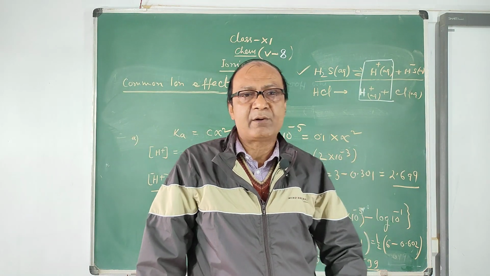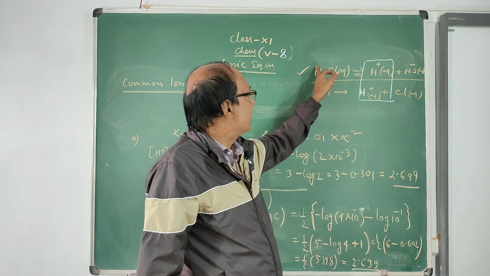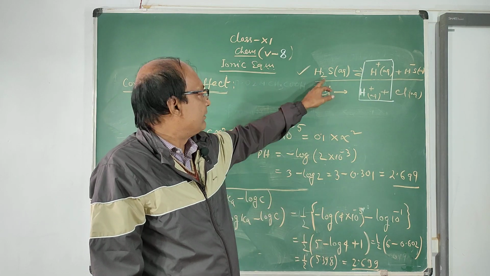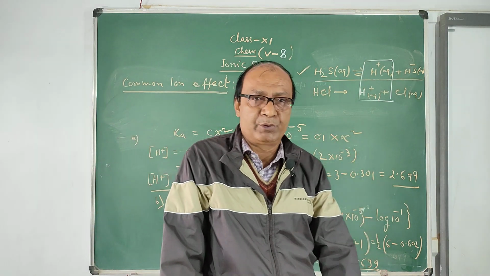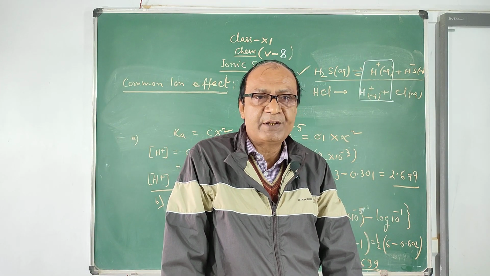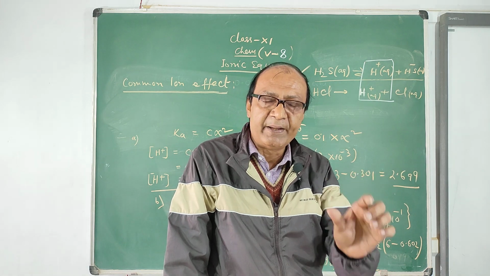So if you increase the concentration of H+, which is the species on the right-hand side, the process is shifted to the backward direction. Shifting backward means the ionization of H2S will be reduced. This is the effect of common ion.